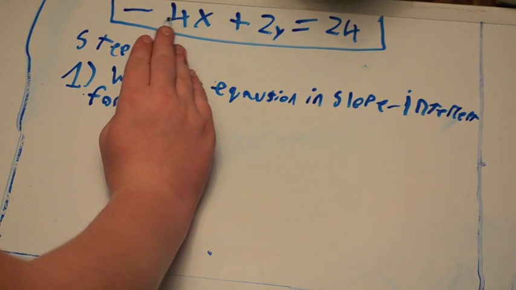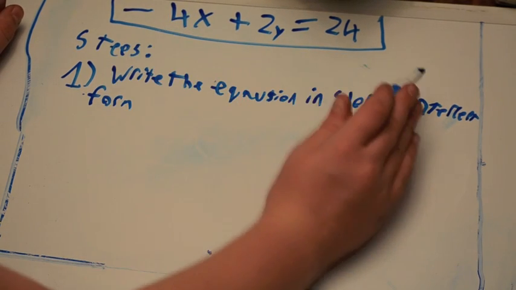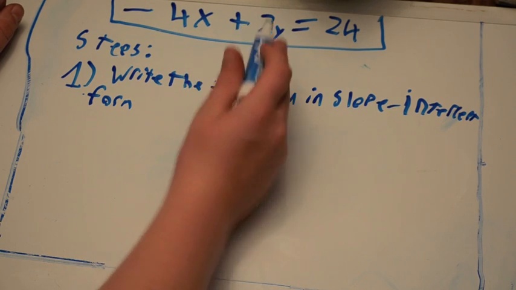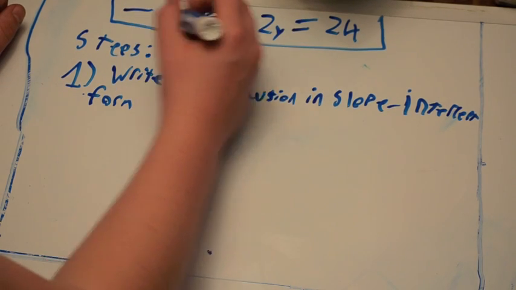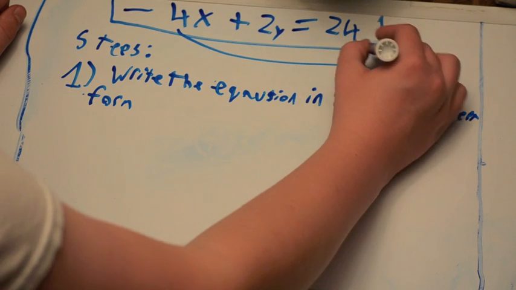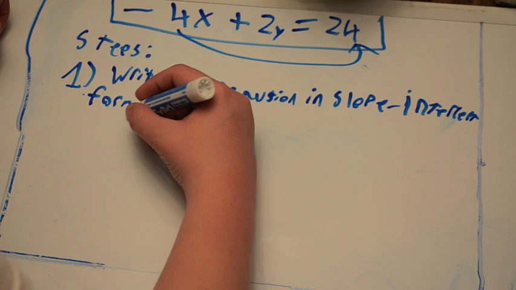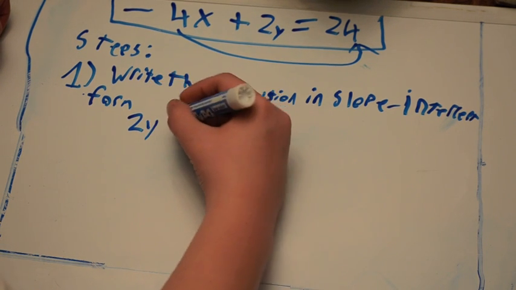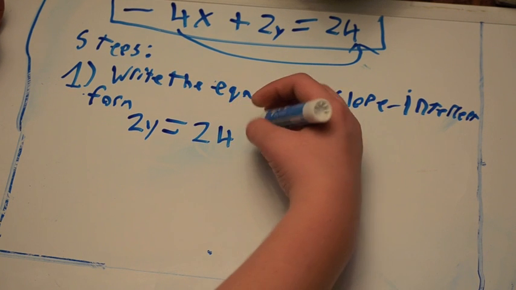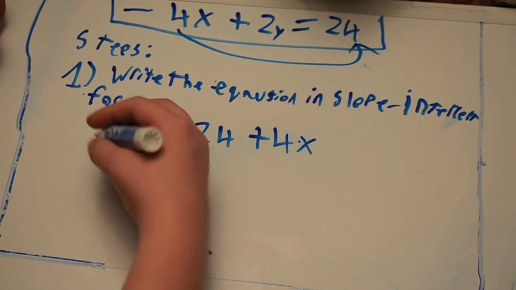Now, to start off, since we want to get y by itself, we want to subtract 4x from 24. Now, subtracting -4x is the same as adding +4x. So what we're going to write down is 2y equals 24 plus 4x.